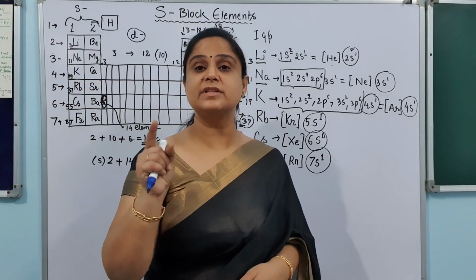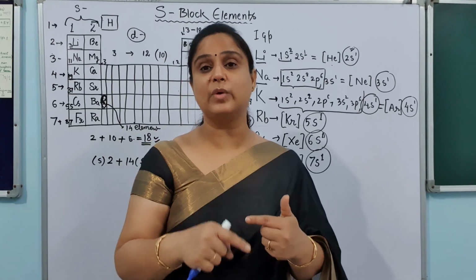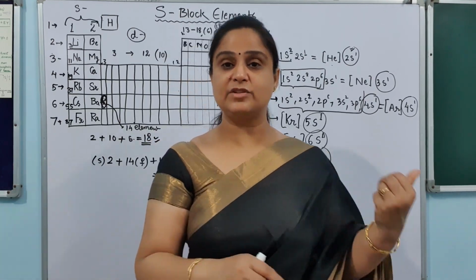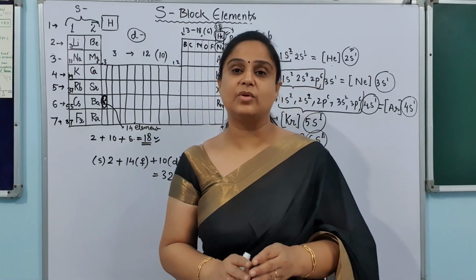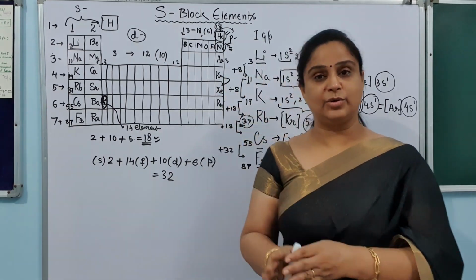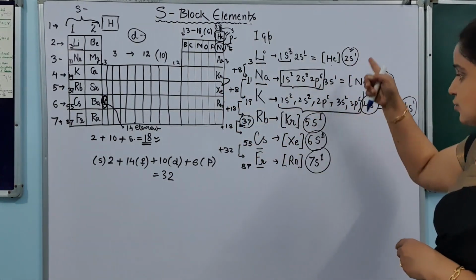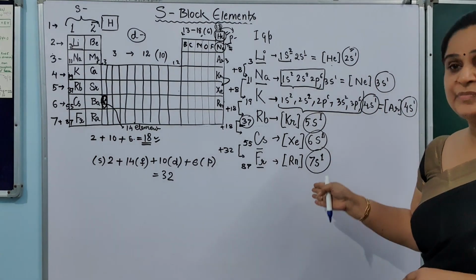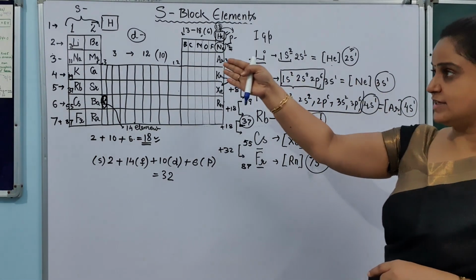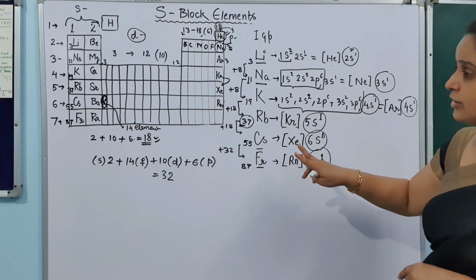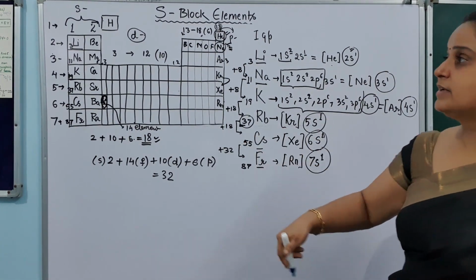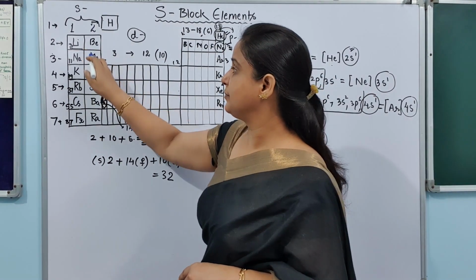But just because there is only 1 electron in the last s orbital, this is kept in the first group. So in the s orbital there are two possibilities: either there is 1 electron, as in the case of the first group, which is why it is kept in the first group, or on the other side we can have the atomic numbers of beryllium, magnesium.